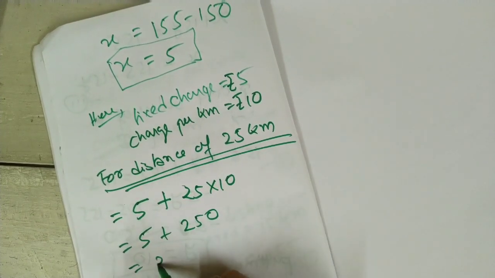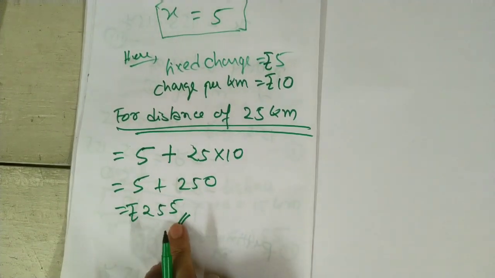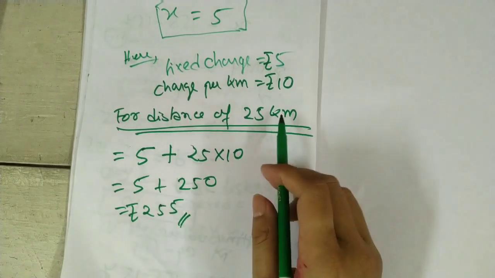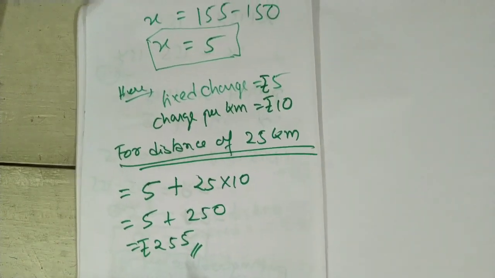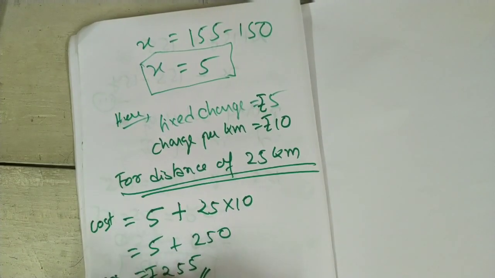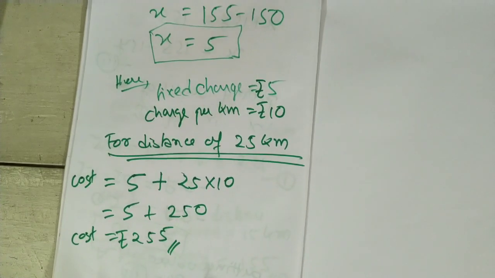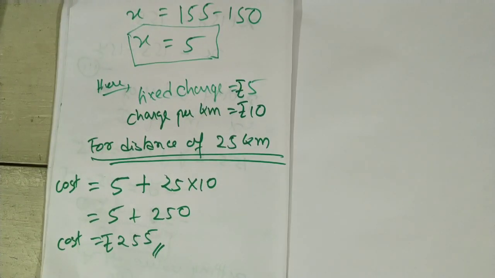So ultimately 255. So the cost for a journey of 25 km will be 255. I hope you all have understood this question.